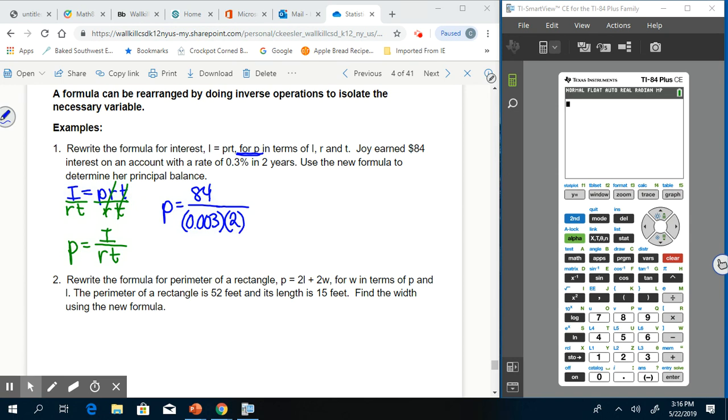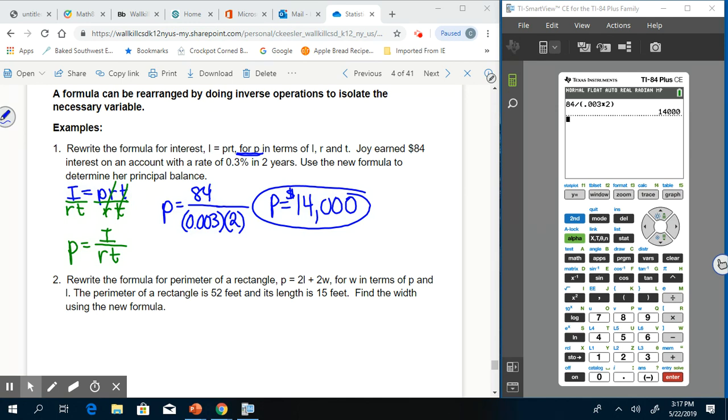Now we can go ahead and multiply that out. So we are going to do 84 divided by that, and our calculator will do it for us. So we have 84 divided by parentheses 0.003 times 2. I put parentheses so it does it in the right order, and equals 14,000. So our principal, or her beginning amount that she put into the bank, is $14,000.